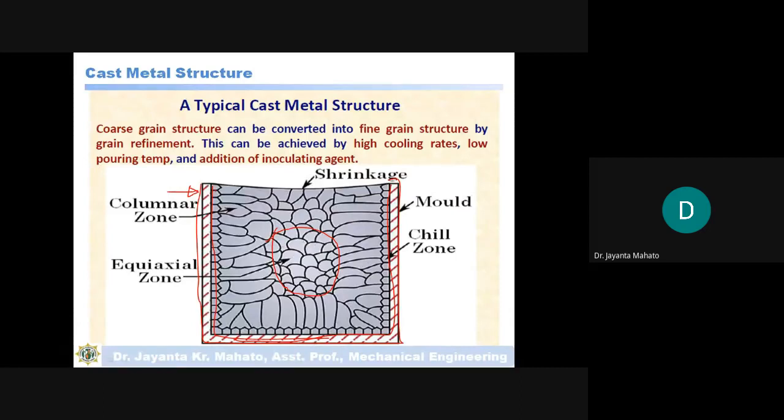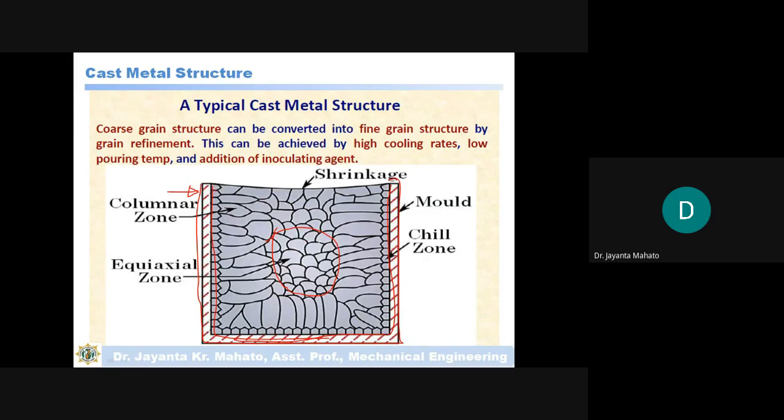So in this region, equiaxed grain structures are formed, meaning all the grains are roughly circular.